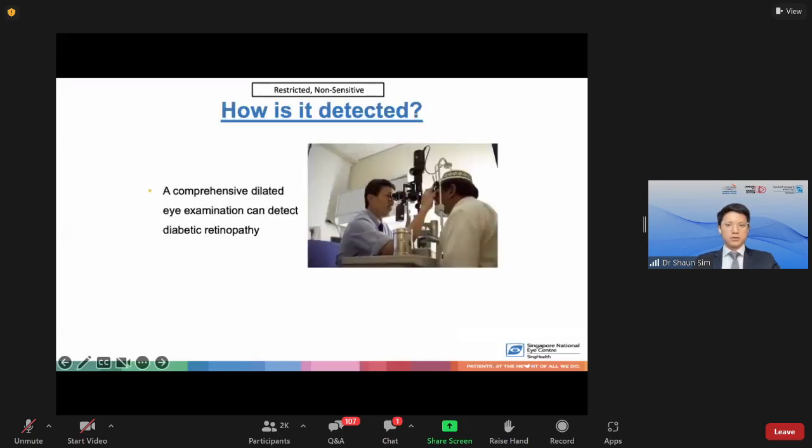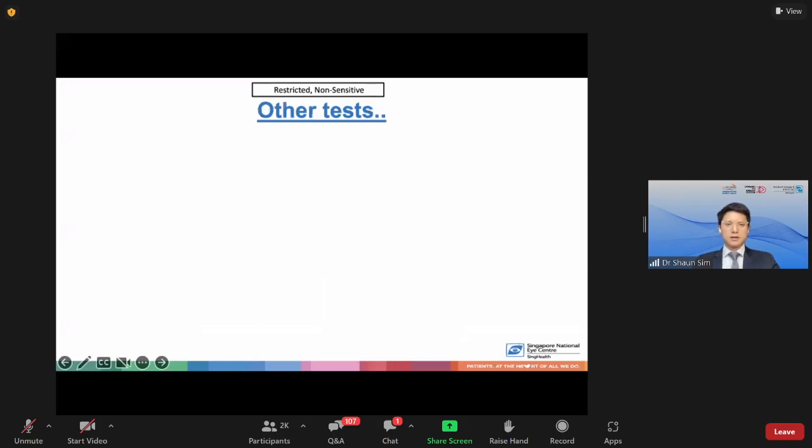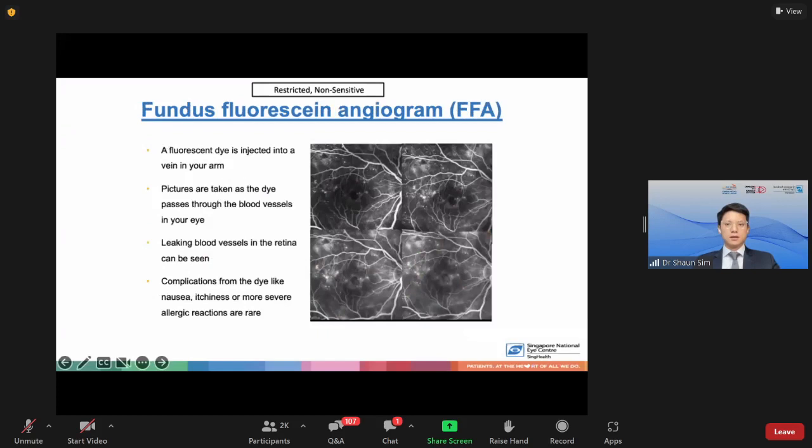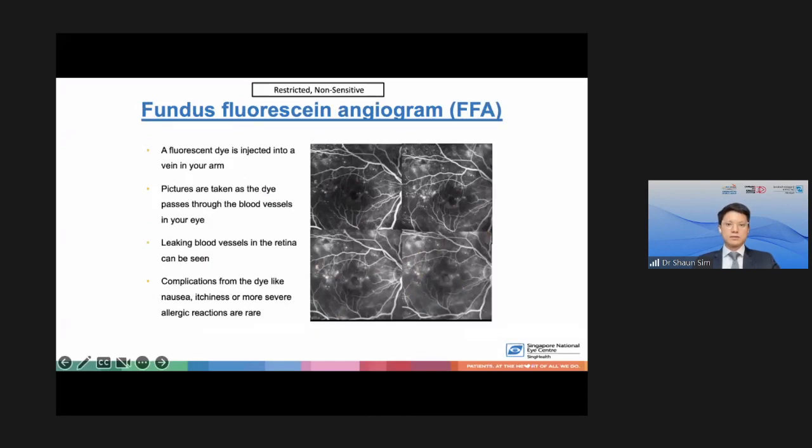Diabetic retinopathy is diagnosed by a comprehensive dilated eye examination. But we also perform other tests, and this includes an optical coherence tomography, which is a cross-sectional imaging of the retina, and it helps us to quantify the severity of diabetic macular edema. We can also perform a fundus fluorescein angiogram, and this also helps us to identify leaking blood vessels.